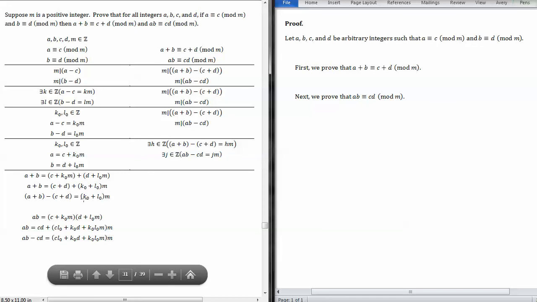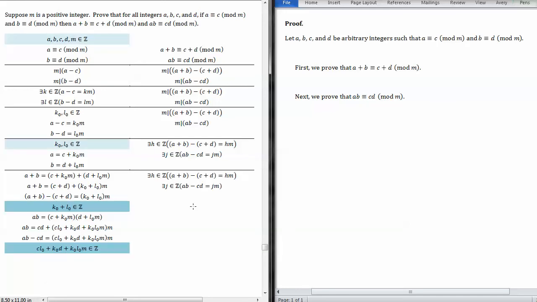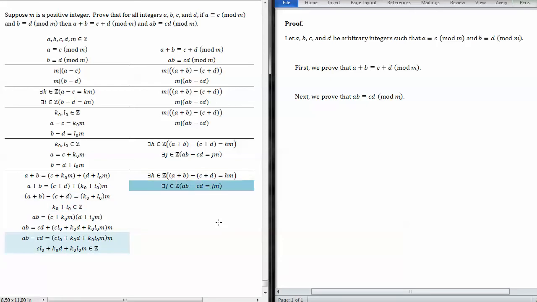We just have to convince ourselves that these things in parentheses, k naught plus l naught, and this mess down here, are integers. That follows because all these letters are themselves integers, and all we're doing is adding and multiplying them, so we'll still have integers. Those two statements together give us the first goal, and these two down here give us the second goal.